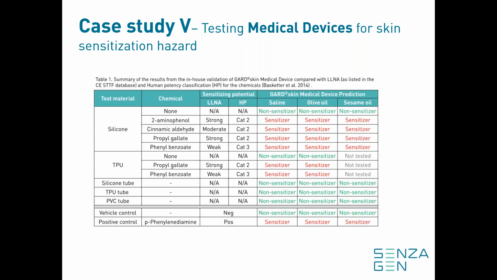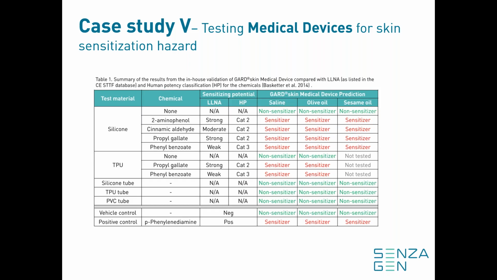Then the ability to detect the leachables from the medical device in both saline and different types of oil was evaluated. In this case, we used both olive oil and sesame oil, with different silicone materials. We used a silicone tube and a TPE tube that were spiked with different sensitizers of different potencies.